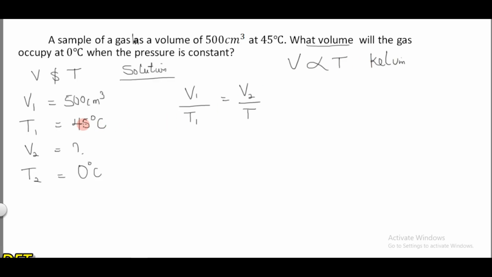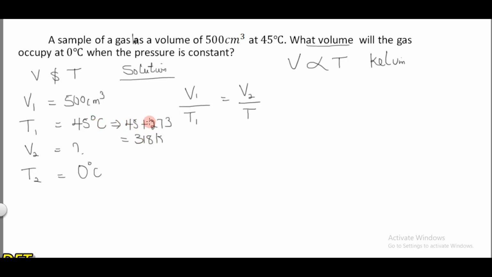So this 45 degrees Celsius will be equal to 45 plus 273, which will give us 318 Kelvin. This is how to convert from centigrade to Kelvin.